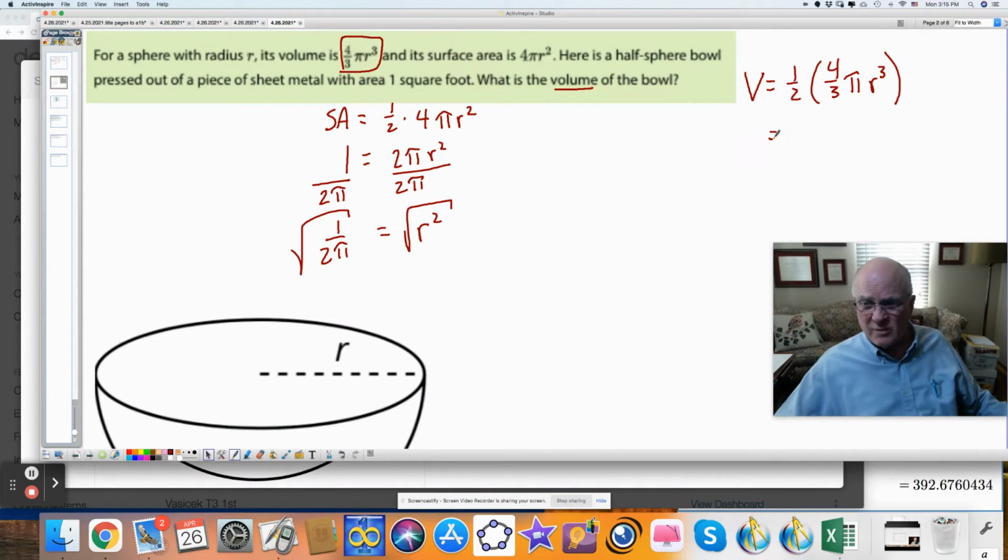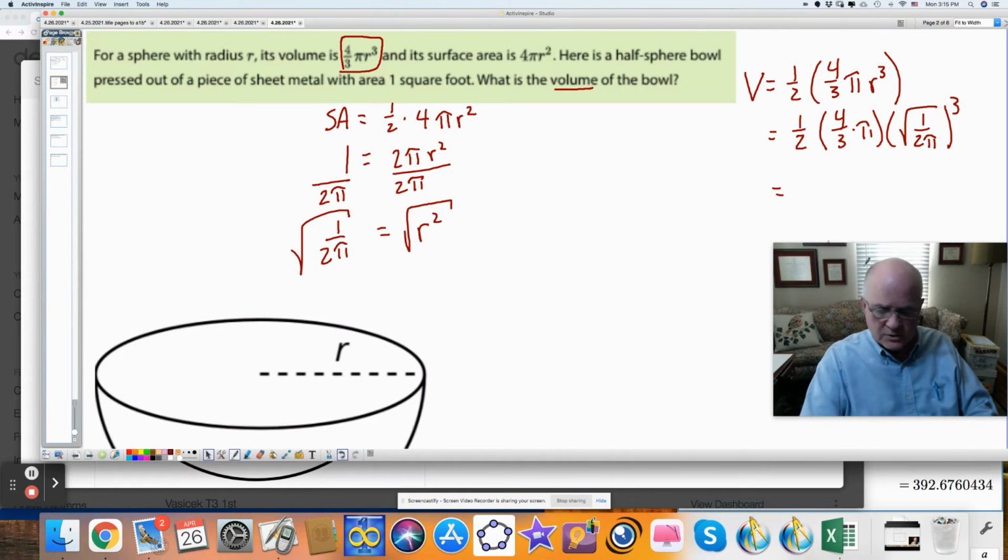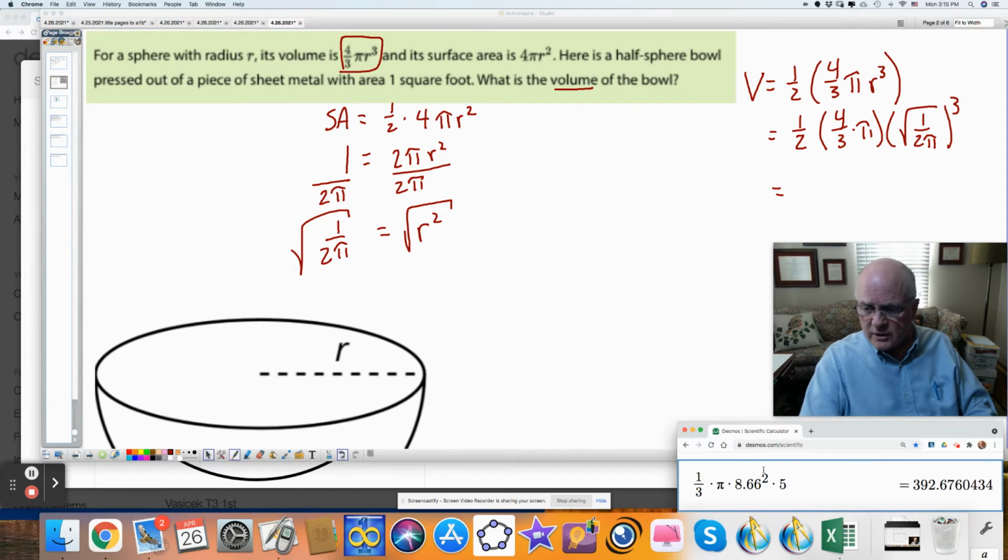I'm going to substitute that back into the equation and plug it into the calculator. Let's see what we get. 1/2, because it's half of the sphere, times 4/3 times pi times this value, the square root of 1 over 2 pi, cubed. Now let's plug this in and check our answer. So I'll use my calculator here.